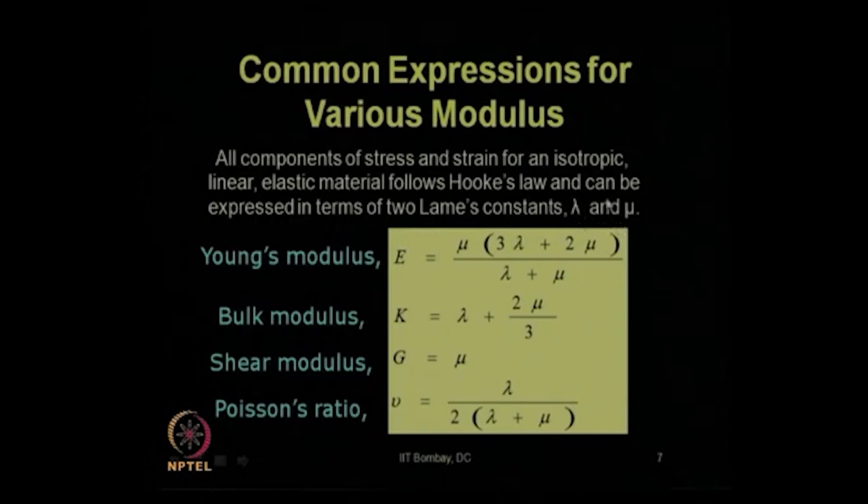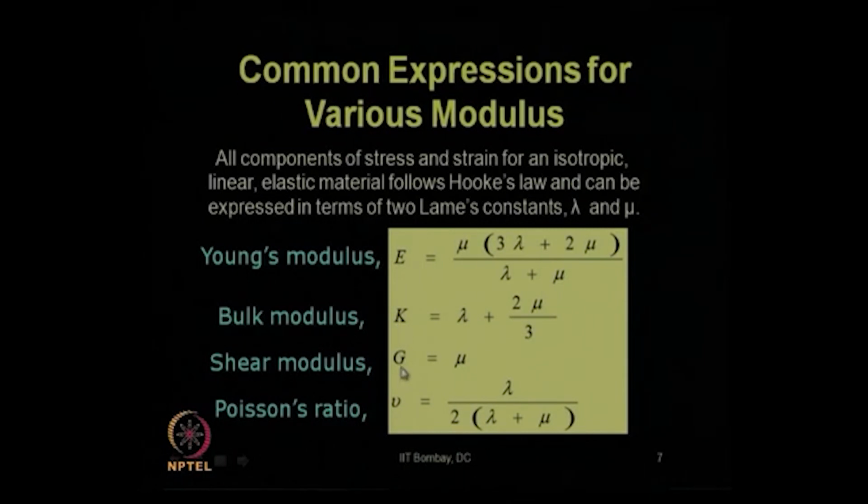Using them, Young's modulus, typically denoted by E, is given by mu times 3 lambda plus 2 mu, divided by lambda plus mu. Bulk modulus K is expressed as lambda plus 2 mu by 3.